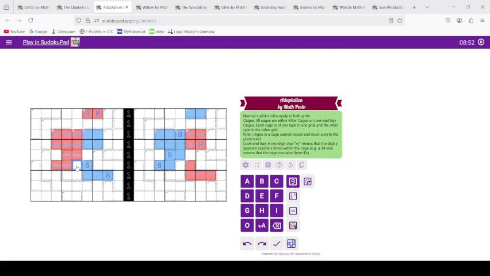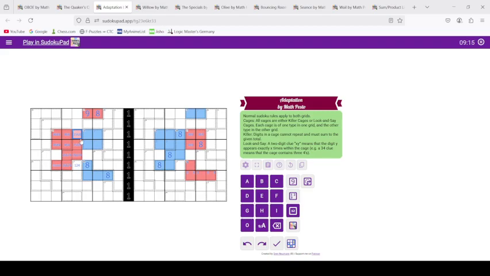This cell over here is looking at all of those cells in that cage, so it has to be 1, 2, or 4. This is not an 8. This is not a 9. These are not 8 either, and that's not a 9.